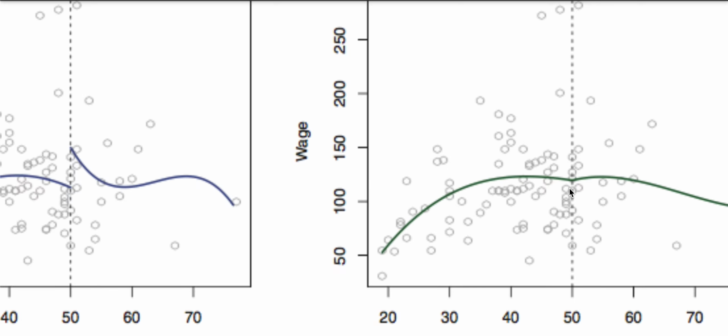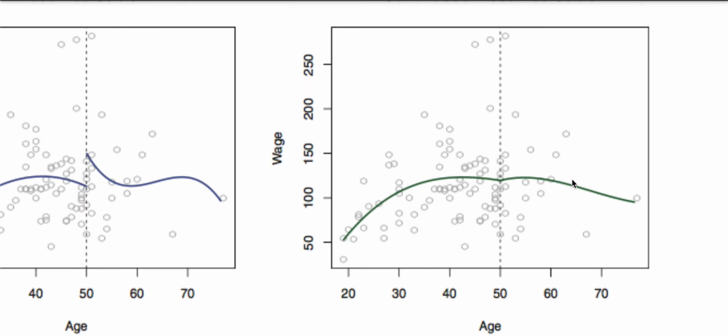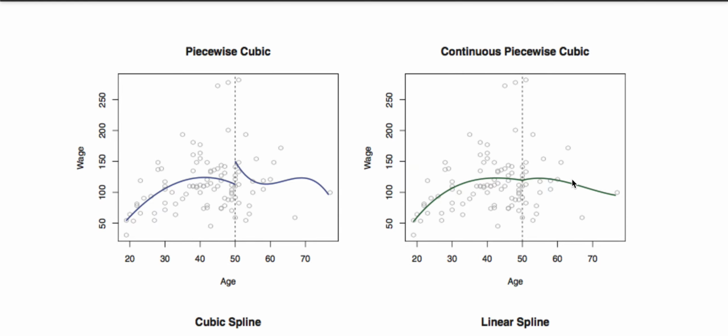Now, what is the problem here? Well, you see this V shape here?